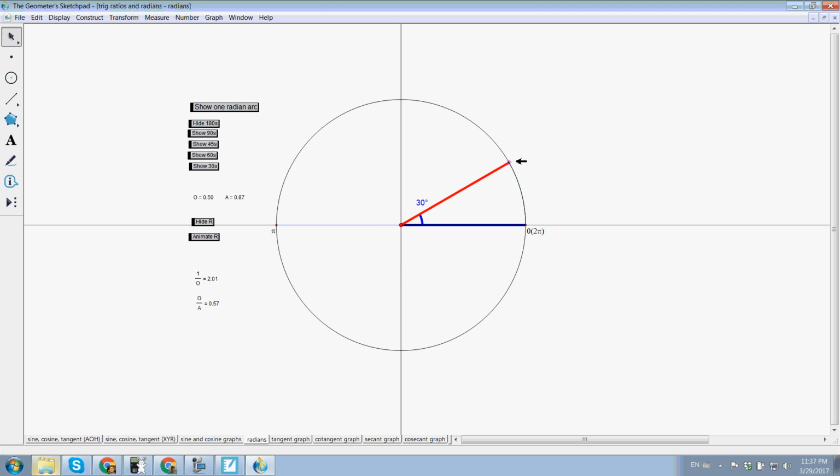And then finally, the 30-degree angle. 30 degrees is half of 60 degrees, and half of pi thirds is pi sixths. So that would be pi sixths.